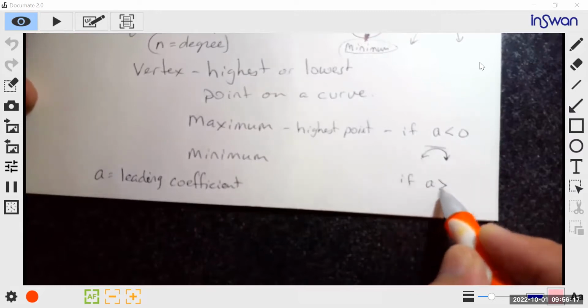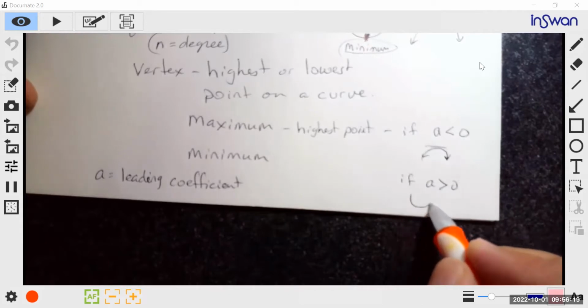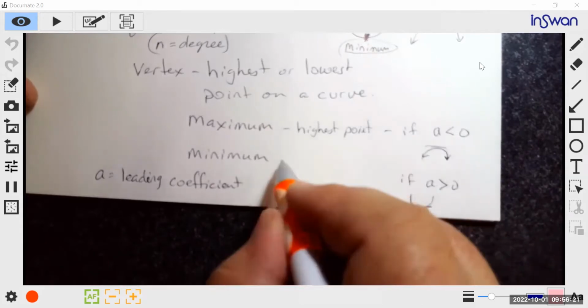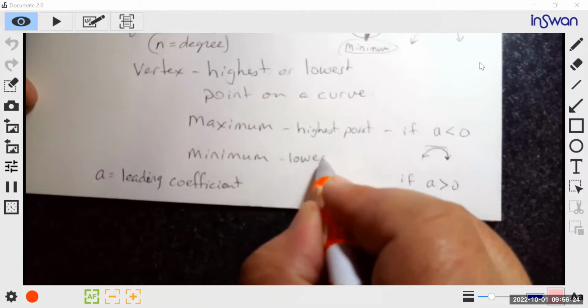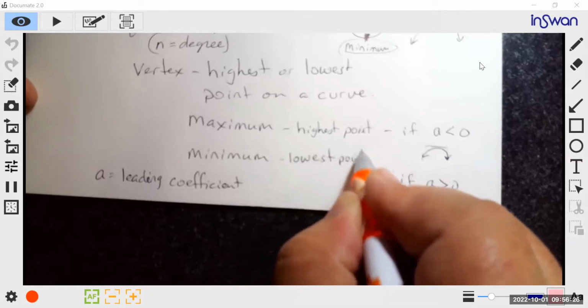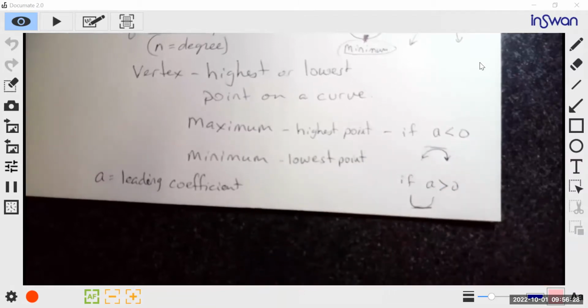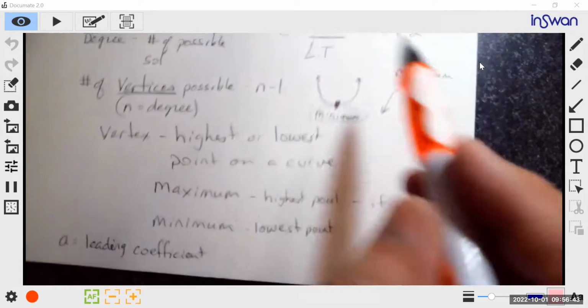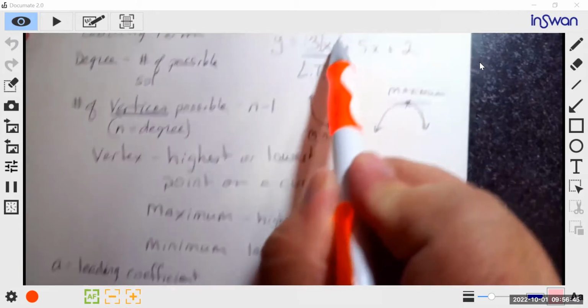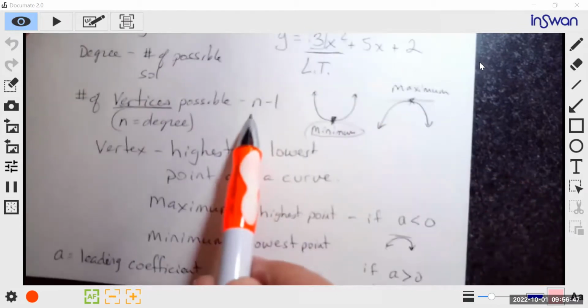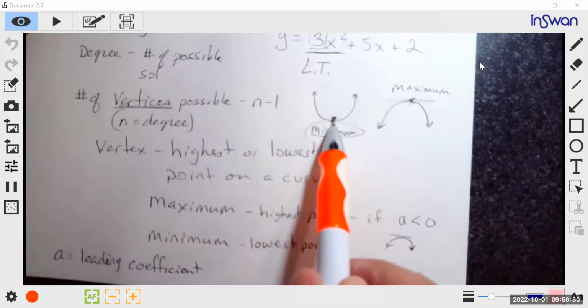If A is positive, then it opens up and we have a minimum. And you notice, because the degree is 2, 2 minus 1 gives us 1. We only have one vertex.